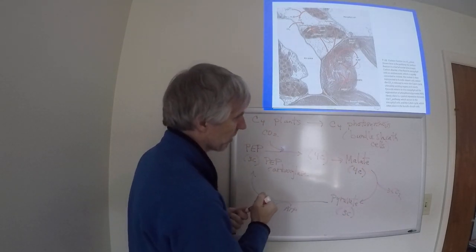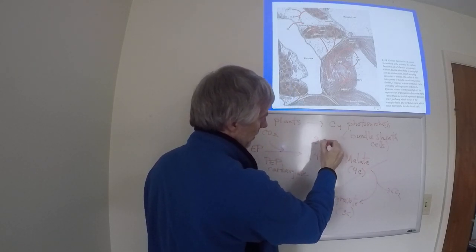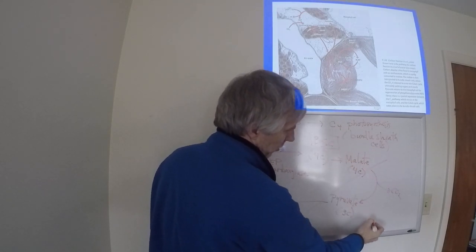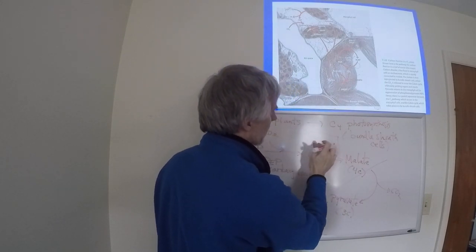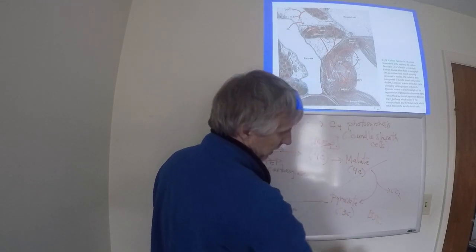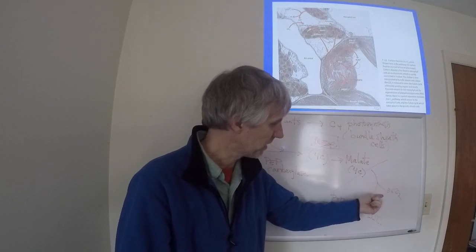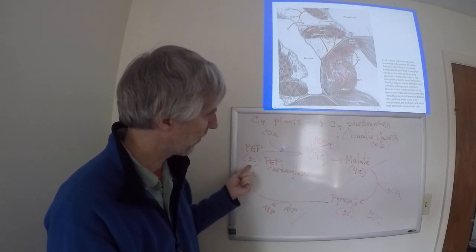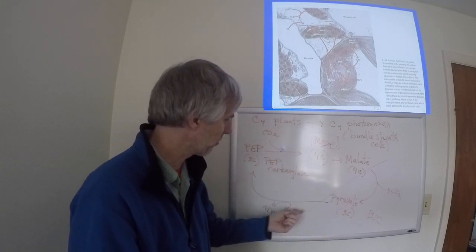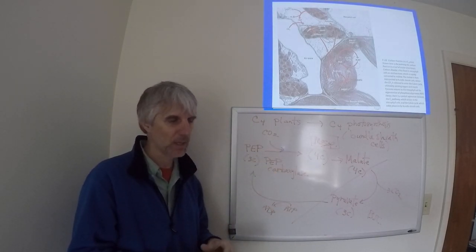All right? Over here in the mesophyll cells, and over here in the bundle sheath cells. PEP is converted to malate, is converted to pyruvate, is converted to PEP, is converted to malate, is converted to pyruvate to PEP. So what we have here is a little carbon shell.